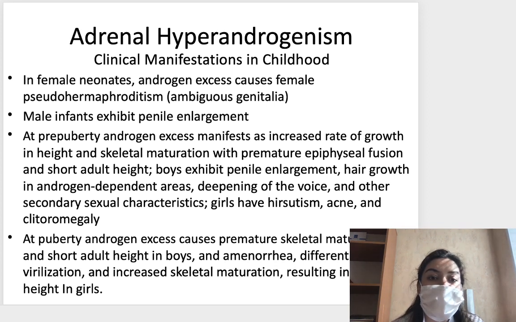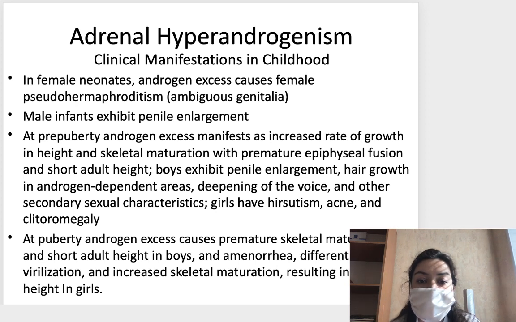In female neonates, androgen excess causes female pseudo-hermaphroditism, like ambiguous genitalia. Male infants exhibit penile enlargement. At puberty, androgen excess manifests as increased rate of growth and skeletal maturation with premature epiphyseal fusion and short adult height.